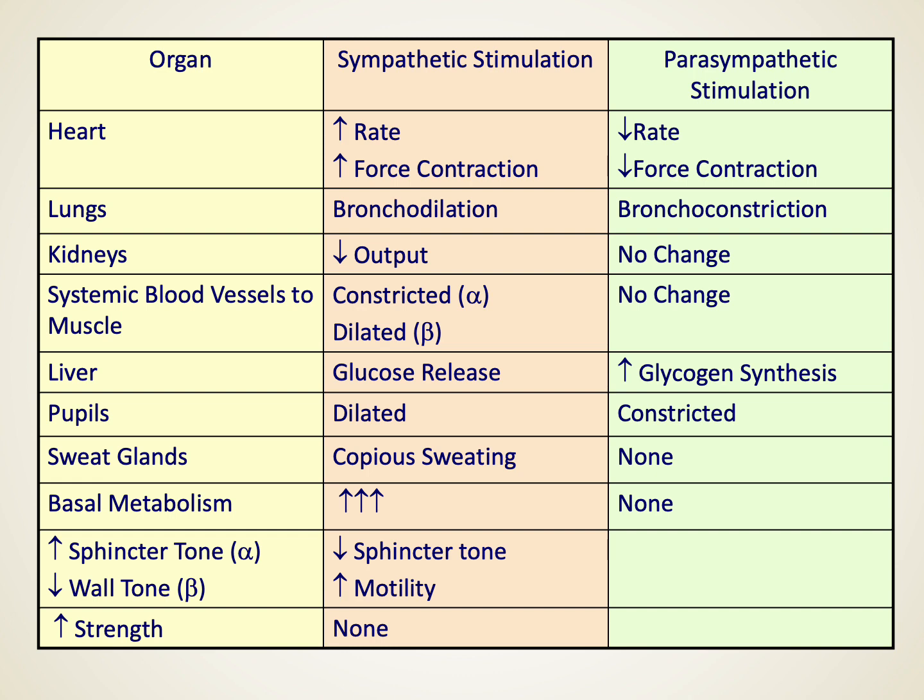So if I give an agonist in the sympathetic nervous system, that is an agonist that binds to those sympathetic fibers in the heart, those receptors in the heart. As an agonist, I would expect increased heart rate and force of contraction. If, on the other hand, I gave a parasympathetic agonist at the level of the heart, I would expect the opposite to happen.